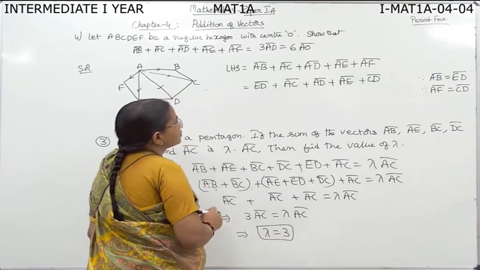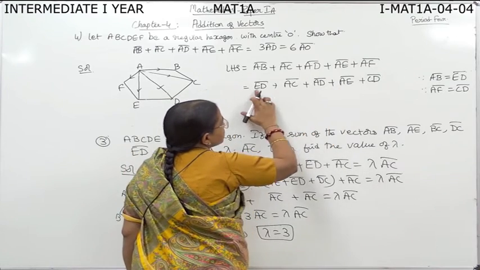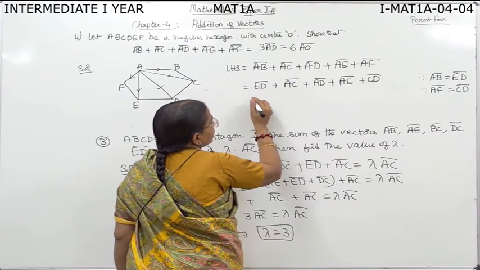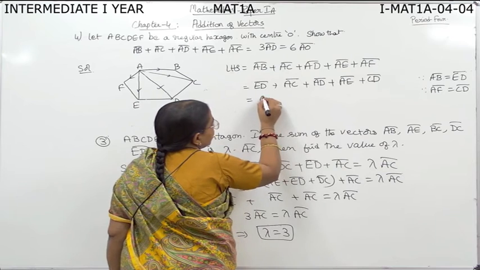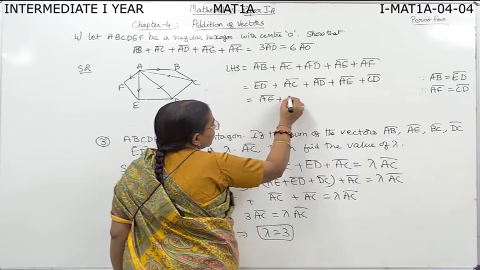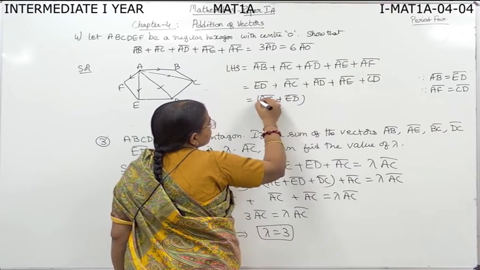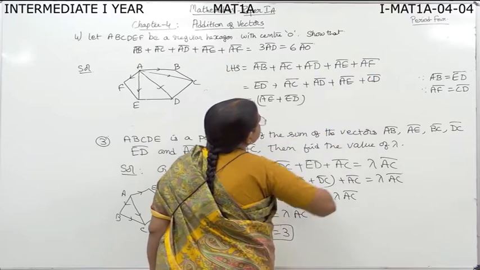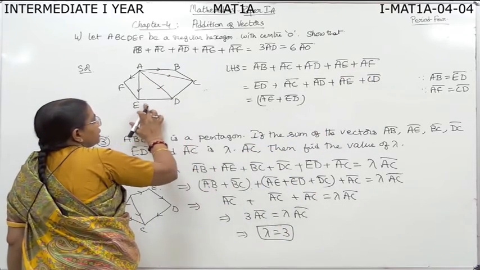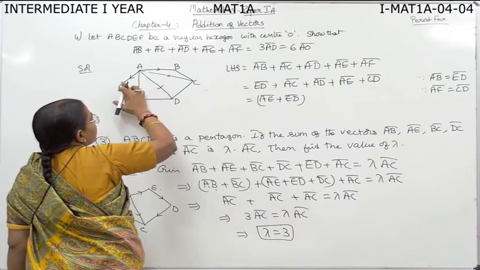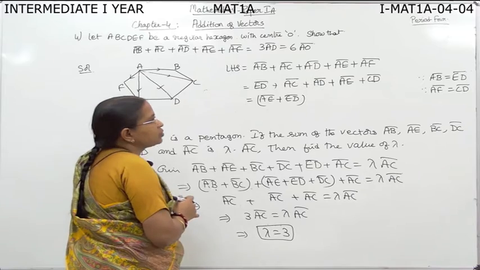Now you group the terms like this: AE plus ED is AD. So only the first one and the last one we are changing. We are writing AB as ED and AF as CD. Only these two you change.